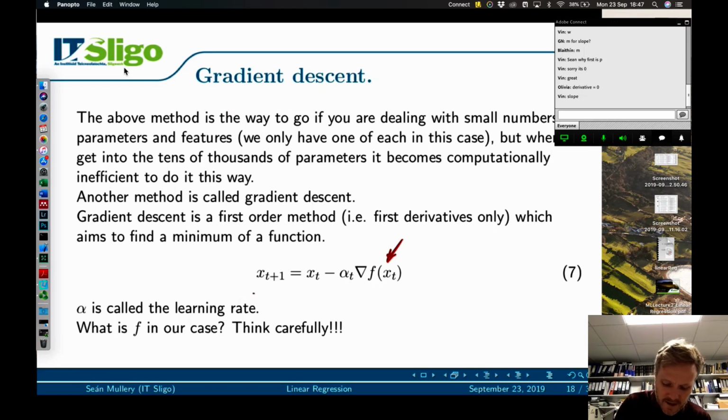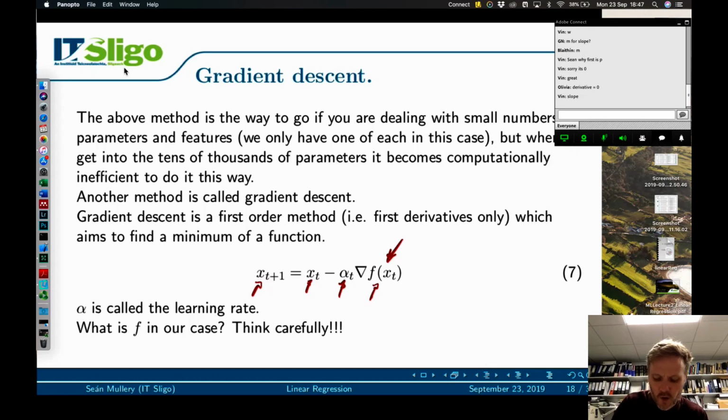We want to update some value called x, at time equal to t plus 1, in other words, our next timestep. We want to take the previous value of x and subtract from that some value. We're going to use what's called a learning rate, alpha, and we're going to have some function here, the gradient of f at x of t, at the previous time.